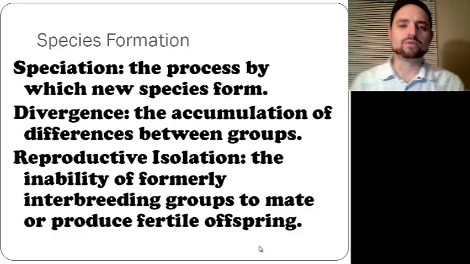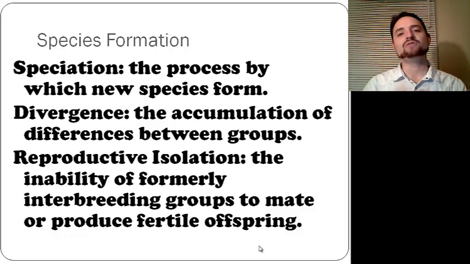The final thing here when we're looking at natural selection evolution is, how do species form? We've looked at how organisms survive and their potential of reproducing, their fitness, you could say. But this here is looking at actually how do species form. They form by a process called speciation. This is a process by which new species form.